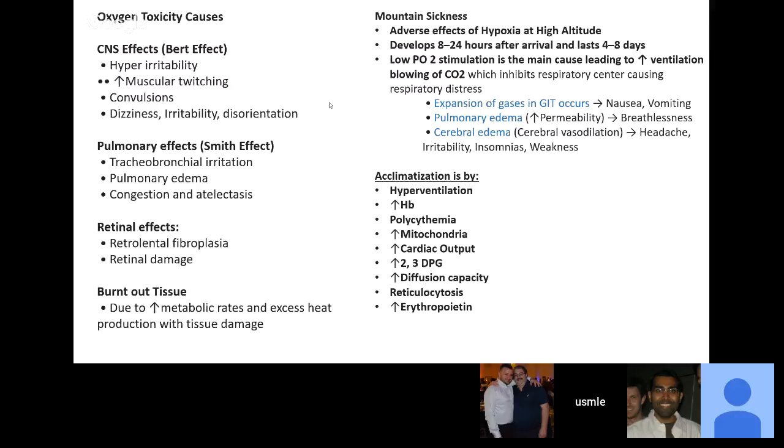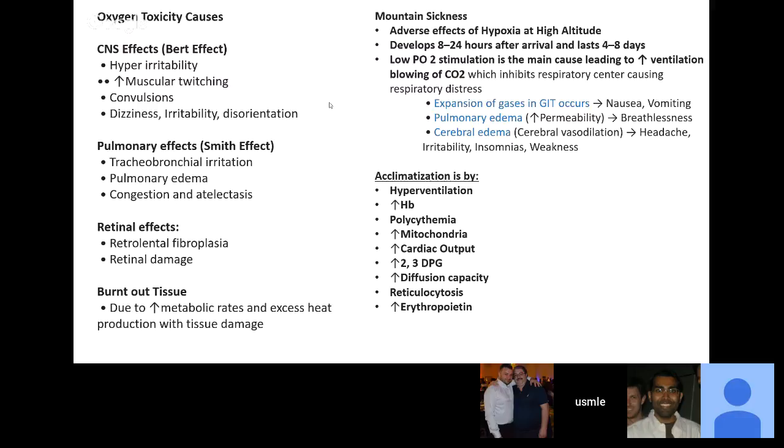Remember, people are going to get used to it usually around 3 days, and many of them are going to need to have an oxygen mask until the erythropoietin kicks in and the polycythemia starts to kick in. And obviously, mountain sickness happens very fast, within 8 to 24 hours after their arrival, and they're going to stay, like I said, at least 3 to 4 days until polycythemia is going to happen.